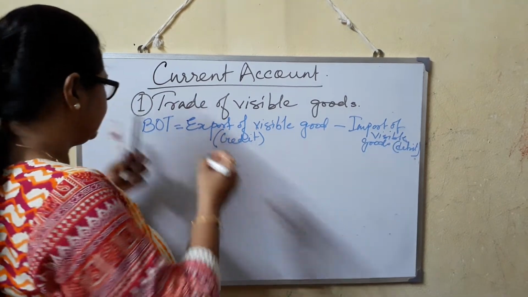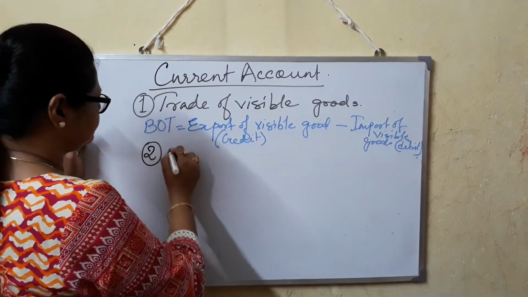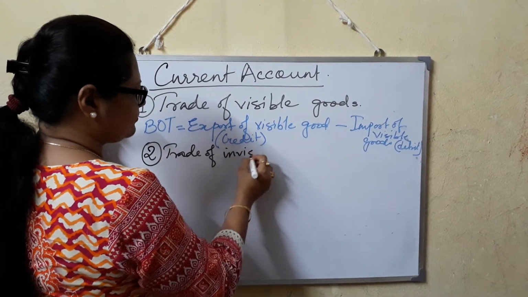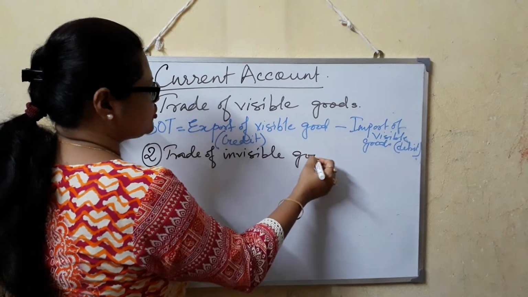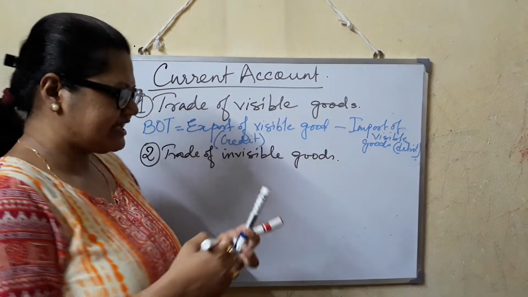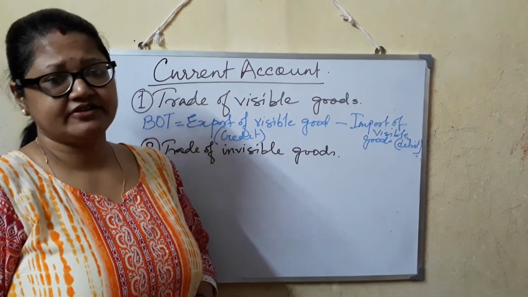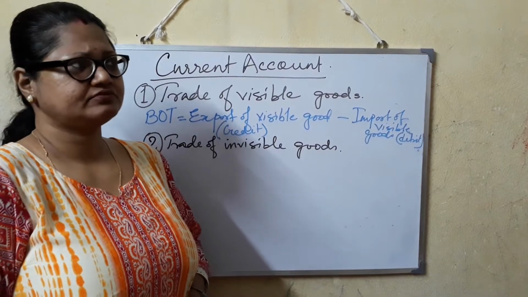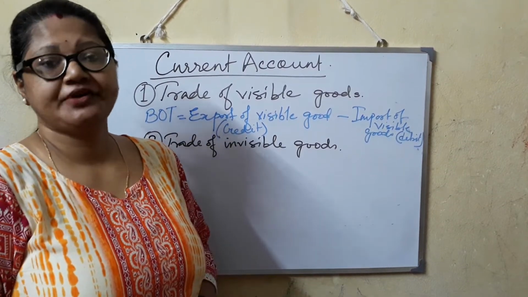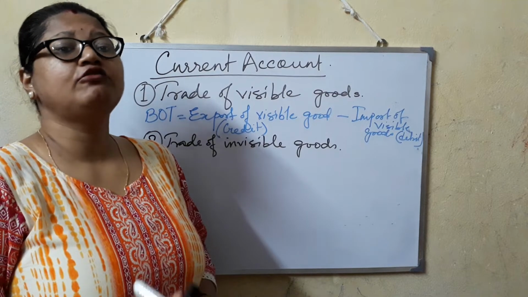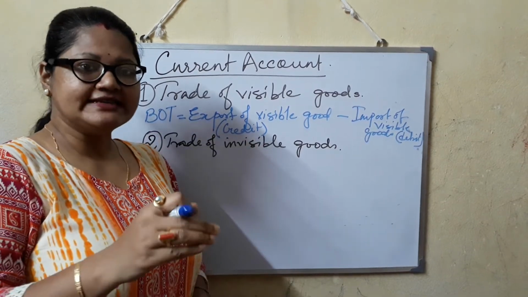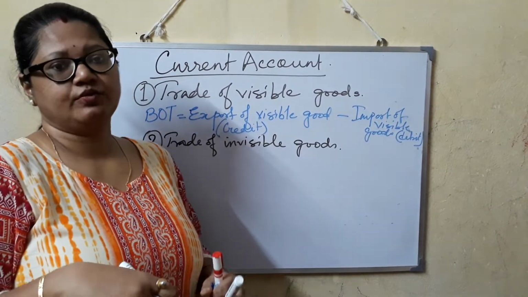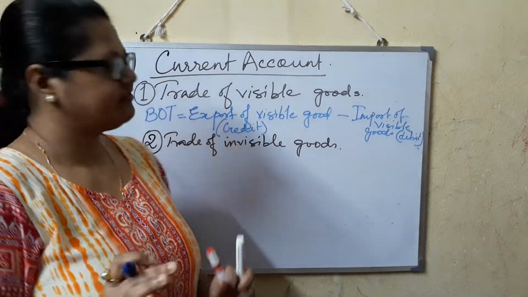Okay. The next one, trade of invisible goods. Invisible goods, as all of you know, is services. What are services? Insurance, banking, shipping, tourism. So if there is an outflow because of all these services, we put it in the debit side. And if there is an inflow because of all these services, we put it in the credit side.